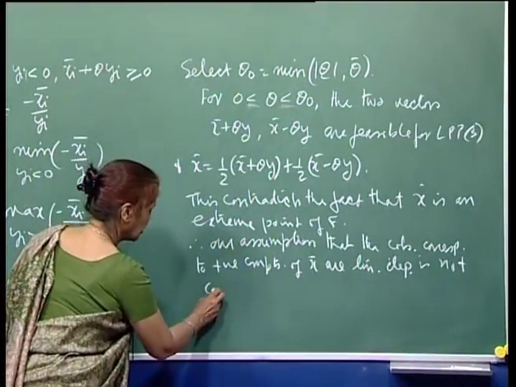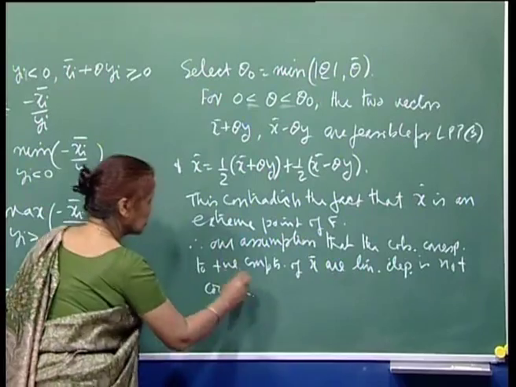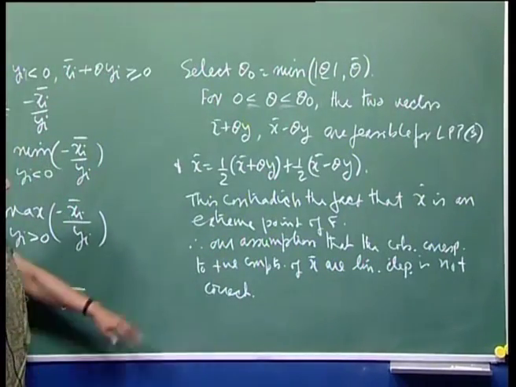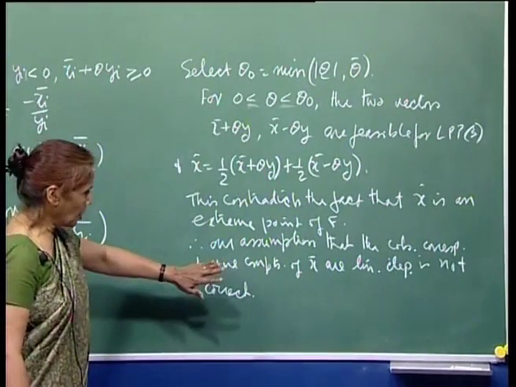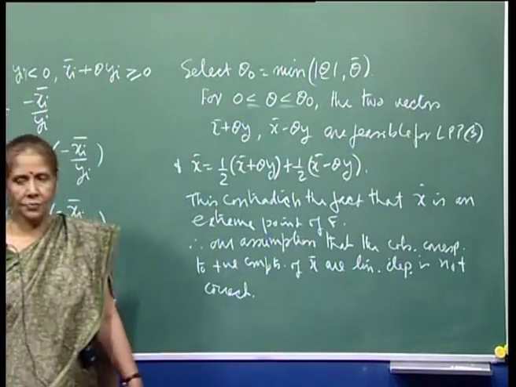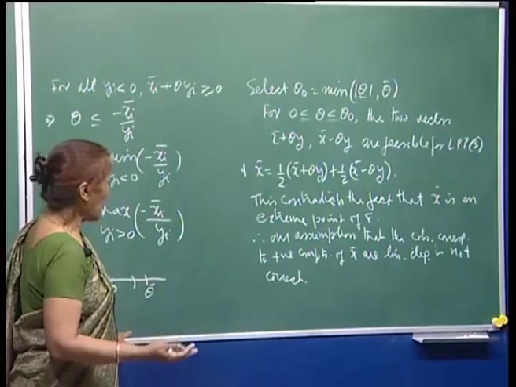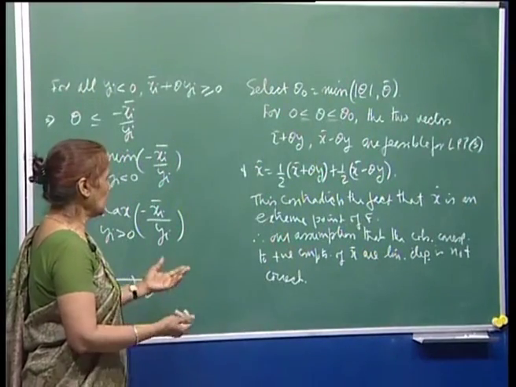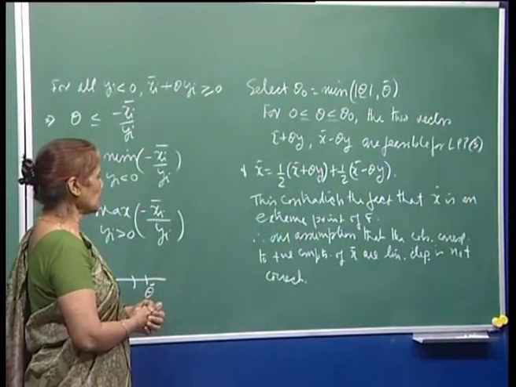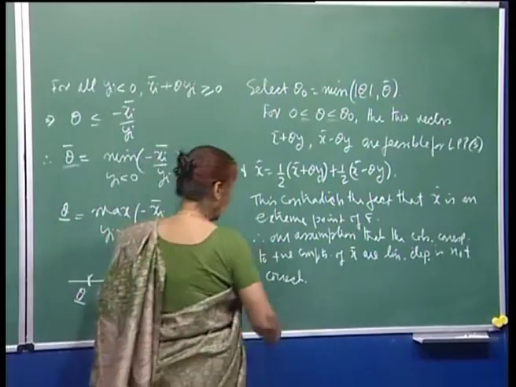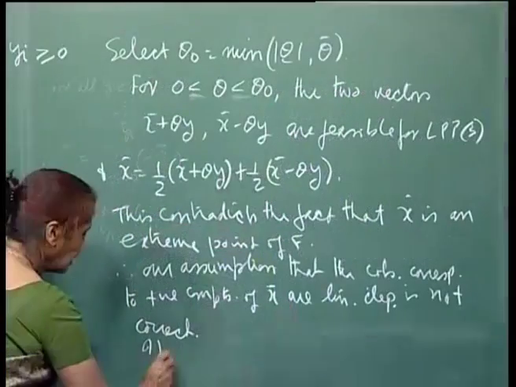Okay. Fine. And so, the columns corresponding to positive components of x bar are linearly independent, and if they are m in number, fine, because then x bar is a basic feasible solution. Otherwise, we will extend.